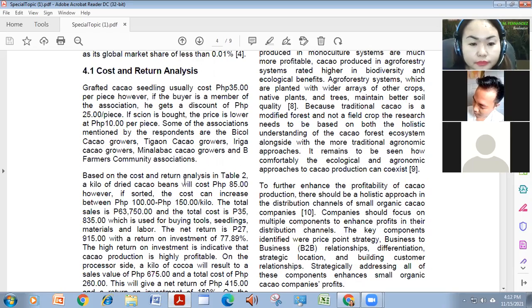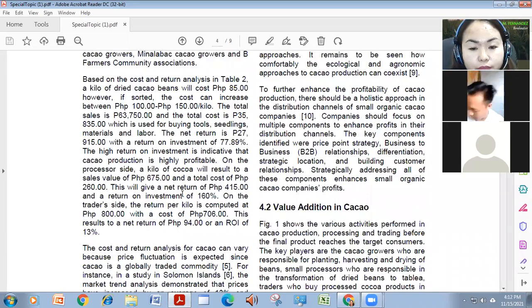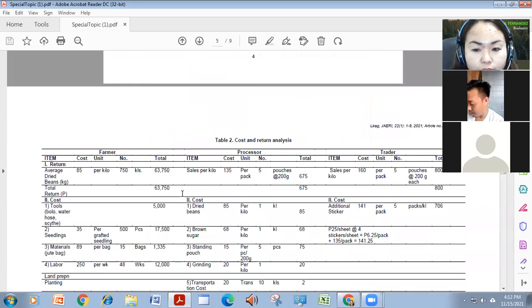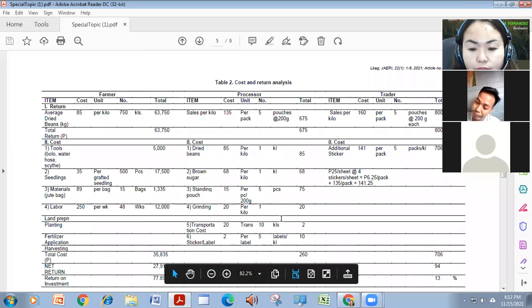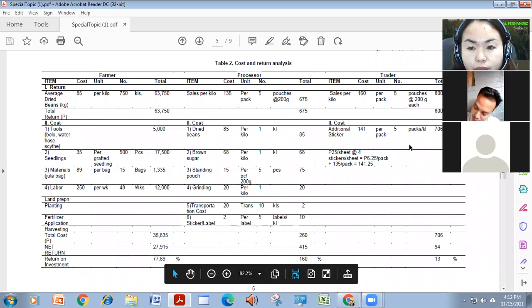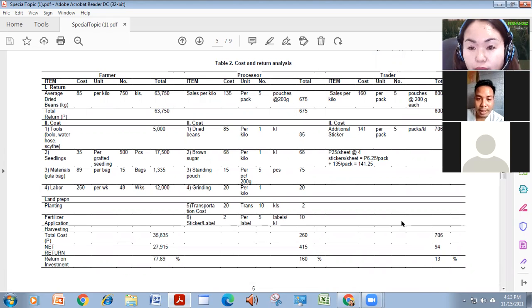Based on the return analysis in the table, there is also the value added, the additional income that is obtained.